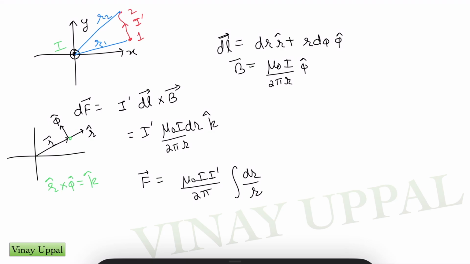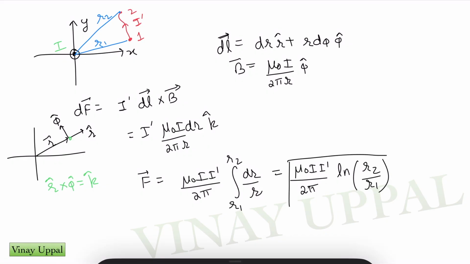Once again, here you see that the curve does not matter. Whatever the shape of the segment, all we are ending up with is r1 and r2, the distance of 1 and 2. So this will become mu naught I dash divided by 2 pi ln of r2 by r1, and this will be in k cap direction. So this is the value of the force.